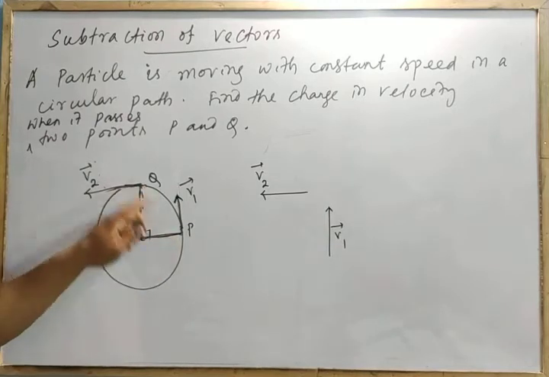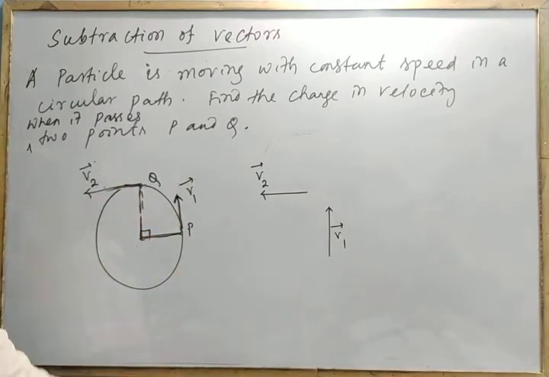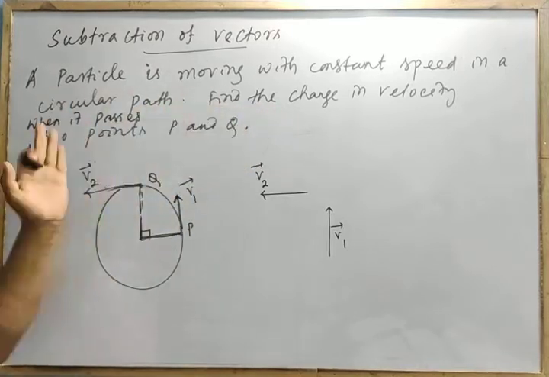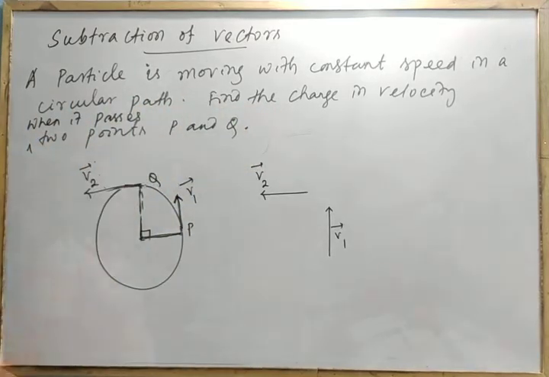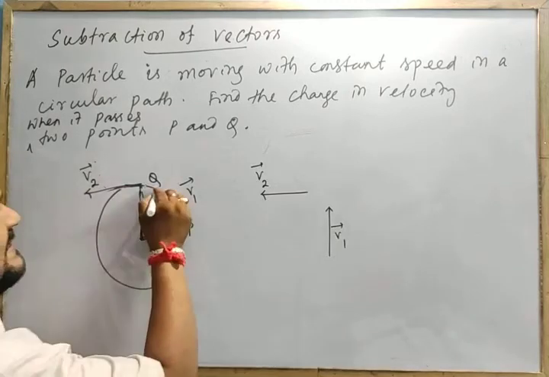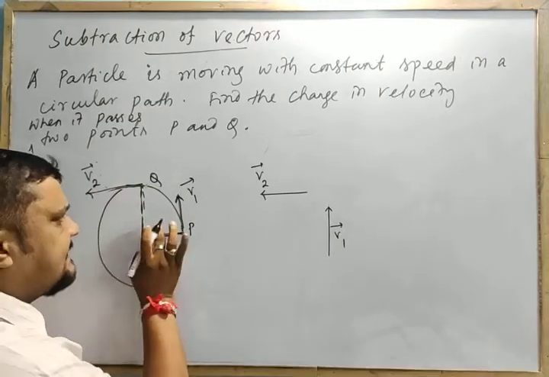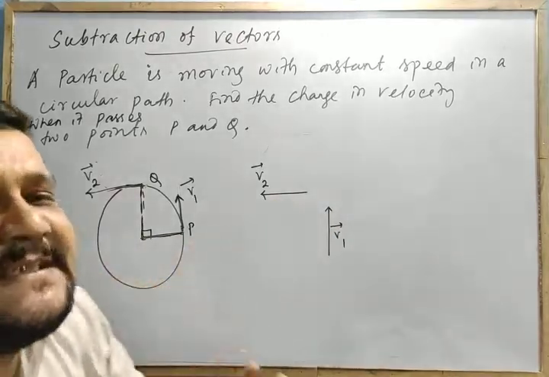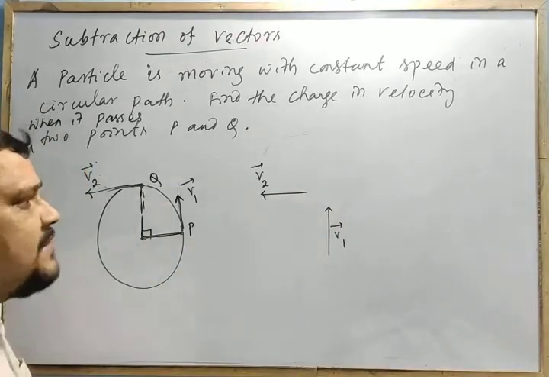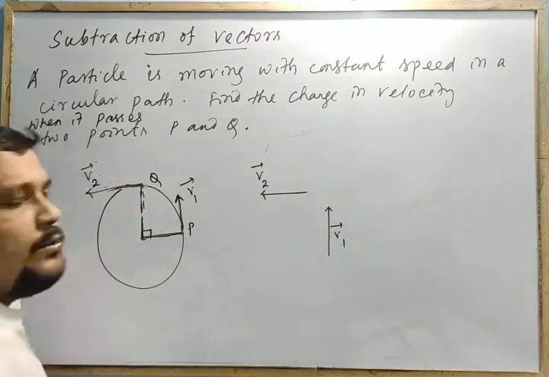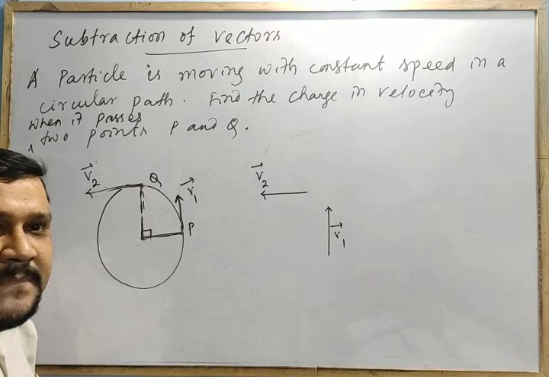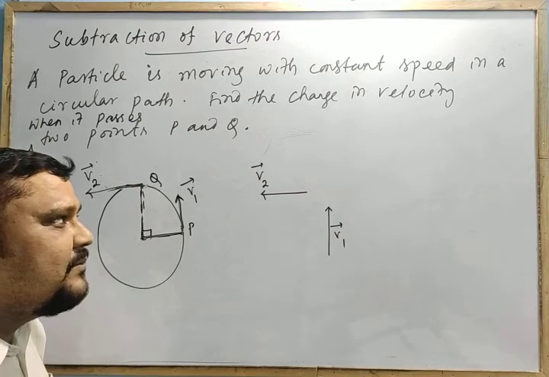Now it goes from P to Q, meaning 1/4 of the circle. P and Q are 1/4 apart. So you can find the change in velocity when it passes the two points P and Q. Otherwise, if Q is somewhere else, there is no problem. You can take the angle theta and get the result accordingly. For 90 degrees it is very easy for you, that's why I am doing it like that. Now you have V1 and V2. To find the resultant, what will I do?